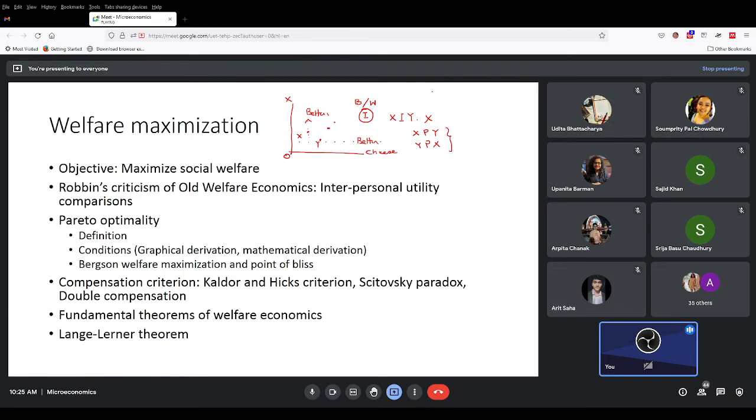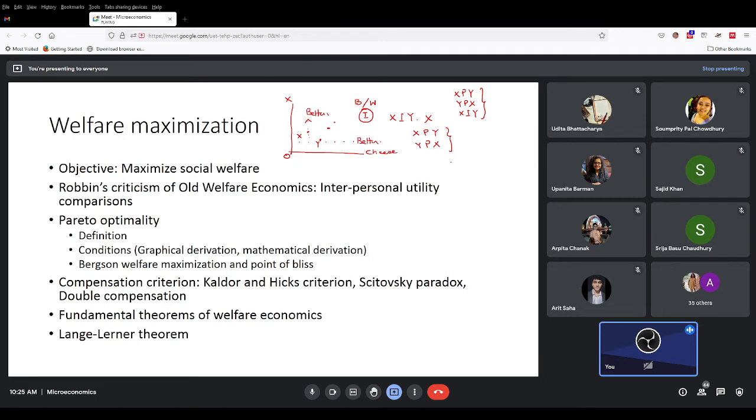Normally what we have is either XPY or YPX or XIY. We have 3 categories. Instead, in case of lexicographic, you have 2 categories.